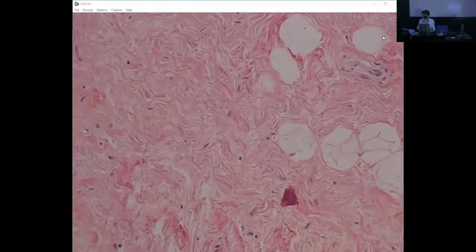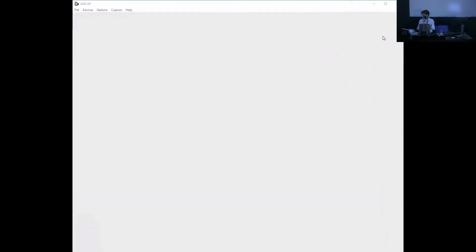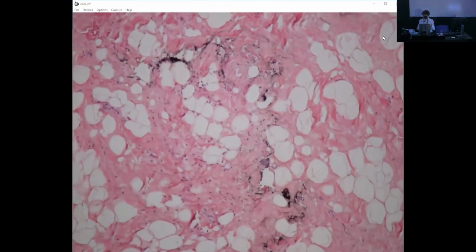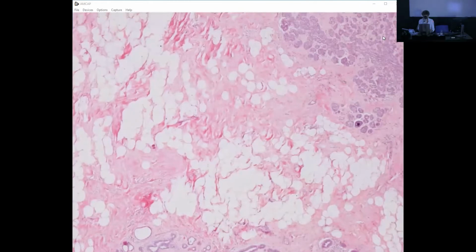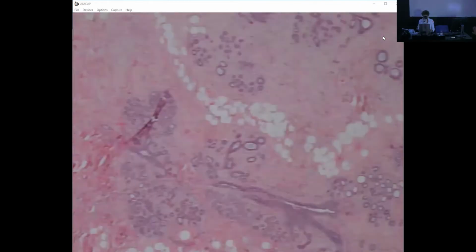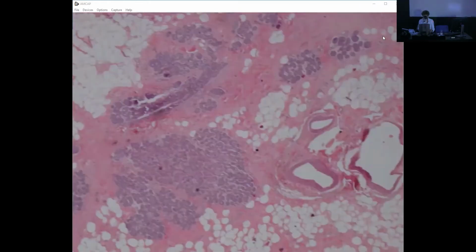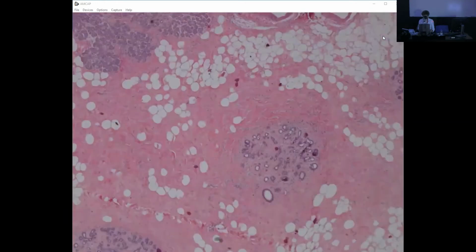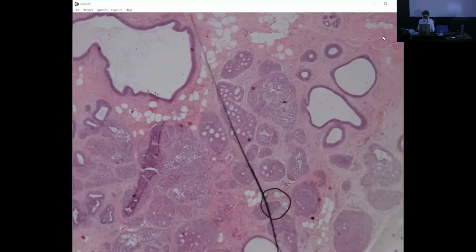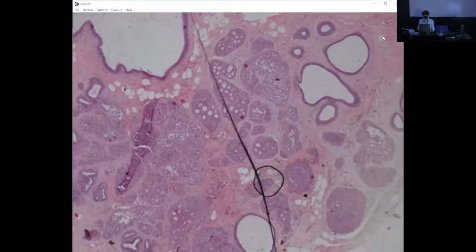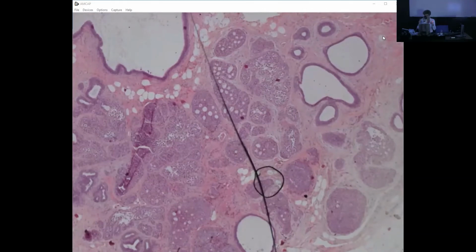I'll show you a few other cases. This one you may recognize. So you will never forget collagenous spherulosis and LCIS. Now, here is another big collagenous spherulosis with lobular neoplasia.